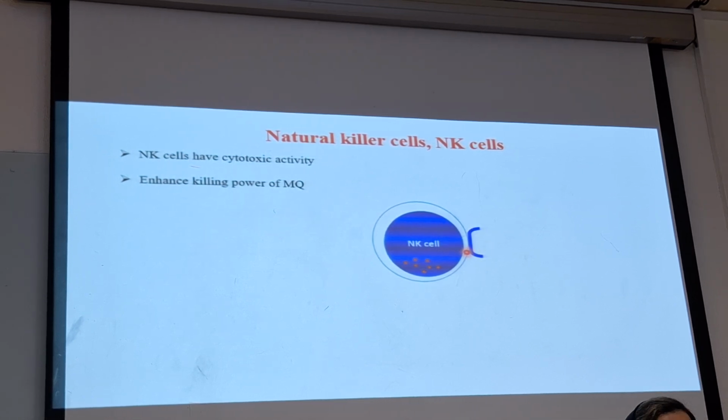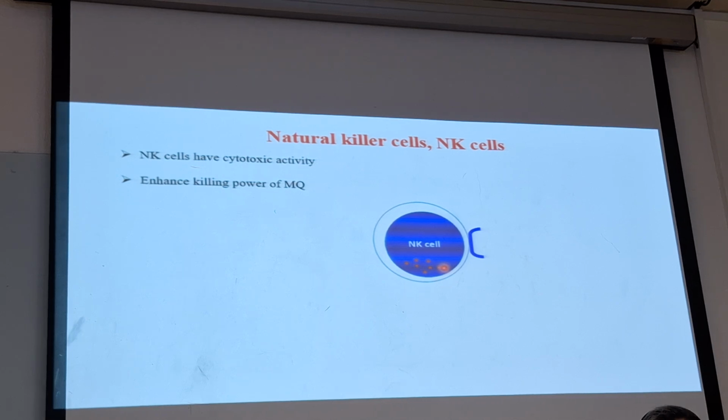They recognize the antigens and are activated, and after receiving activating signals, they start degranulation and release their granules, like the CTL, the CD8 positive T cells in the adaptive immune system. They release perforin and granzyme, make many pores in the membrane of target cells, and lead to cytolysis of target cells.